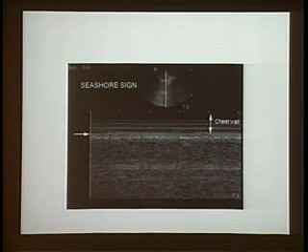The lung parenchyma underneath, as it's moving when you're breathing, creates this hazy image that looks like sand. And these are little waves coming to the beach. That's why it's called the seashore sign. Okay? And it's very easy to recognize. If you have structures that don't move, lines show up. If the structures are moving under the beam, they're going to give you this hazy pattern or sand pattern.